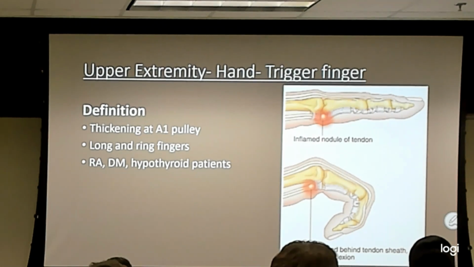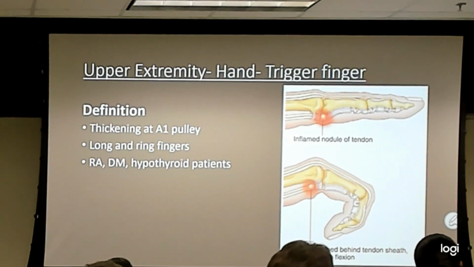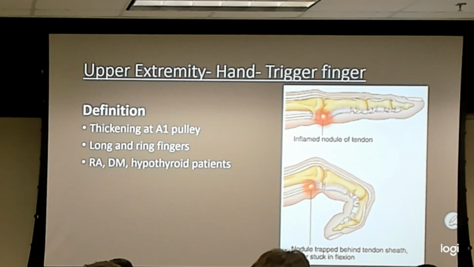Okay. That's because of your pulleys. So there are annular pulleys, which is what the A stands for, and there are cruciate pulleys. They are those white fibrous things that hold the tendon to the bone and give it a thing to slide around through. But it keeps all that stuff tethered and up towards your hand so there's no bowstringing.